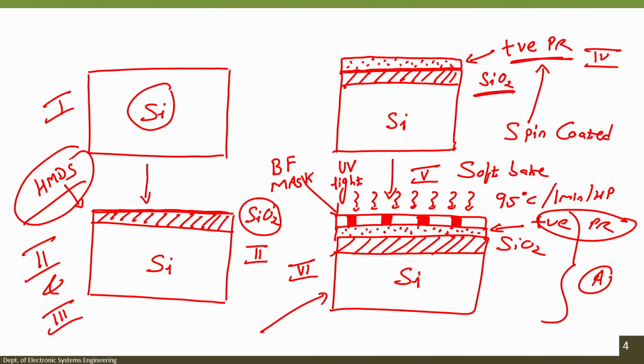Then you have spin coat of photoresist, followed by soft bake at 95 degree centigrade, 1 minute, hot plate. The next step would be to load the mask, in this case a bright field mask. The next step is exposure with UV light. The next step would be to unload the mask and develop this wafer.